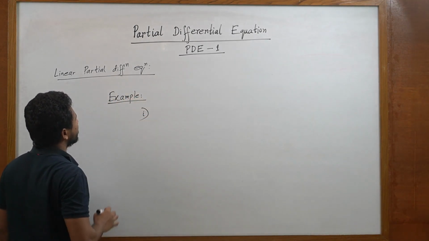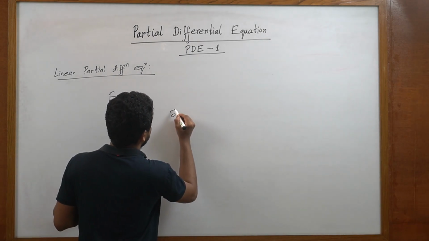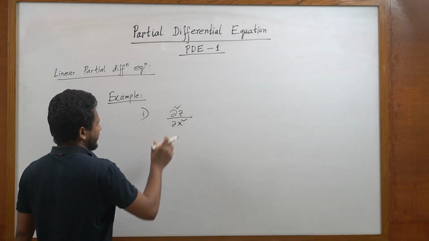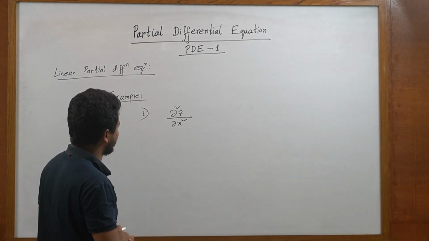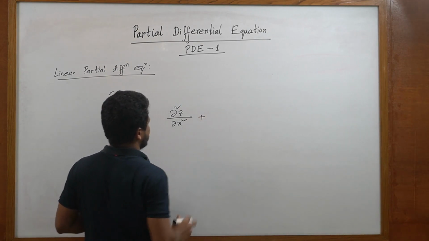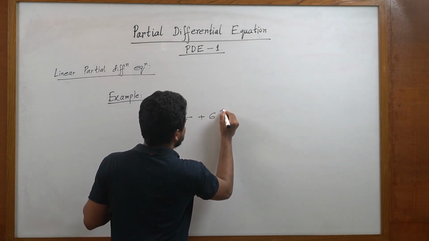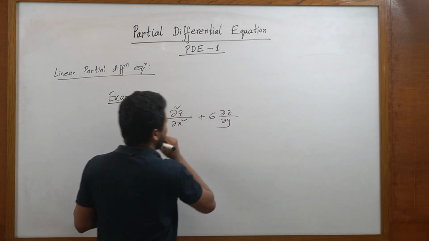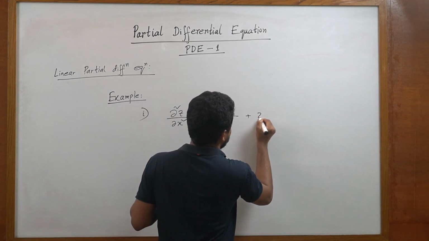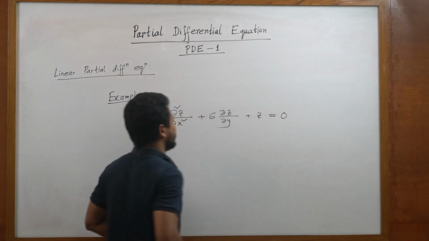Okay, now we'll go to the example. First example: second derivative of z with respect to x plus 6 first derivative of z with respect to y plus just z equal to 0.